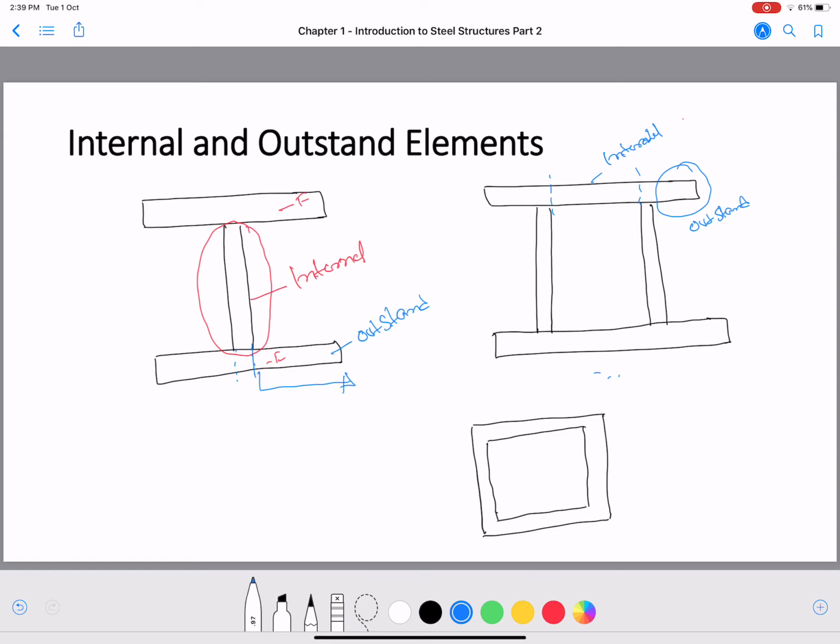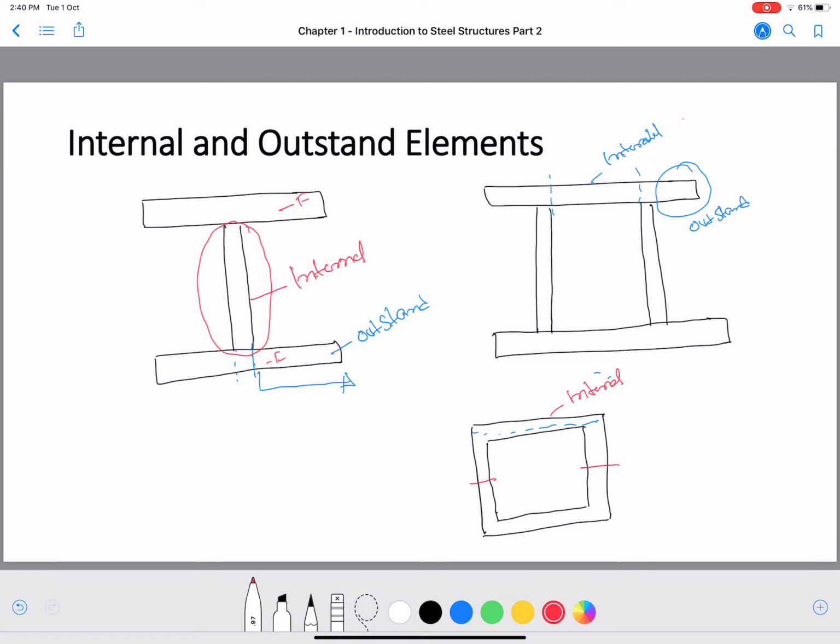Now come to these square or rectangular hollow sections. What are the internal elements? We already said that an internal element is supported along two edges. For example, take this element. It is supported by this one and this one, so this is also called an internal element.